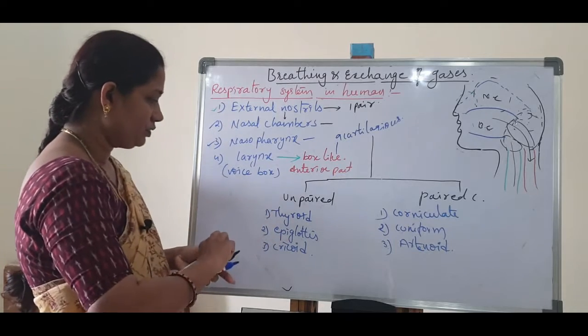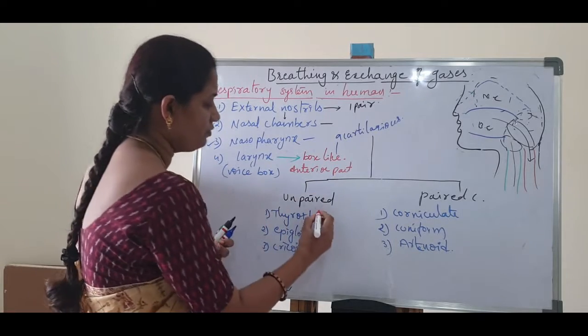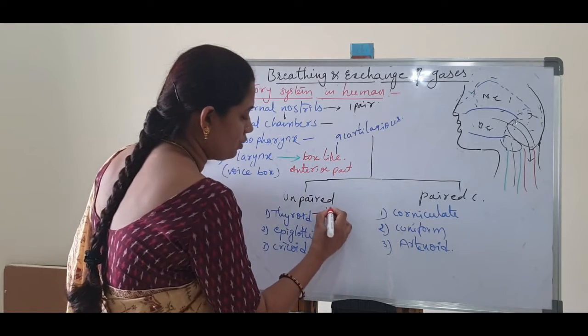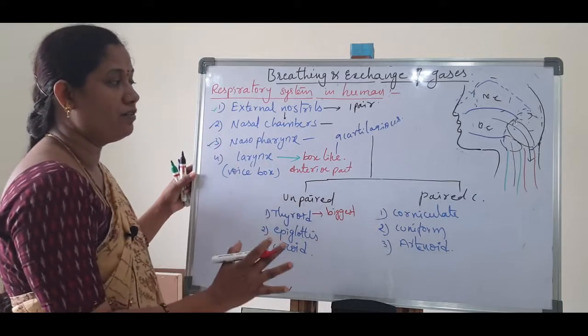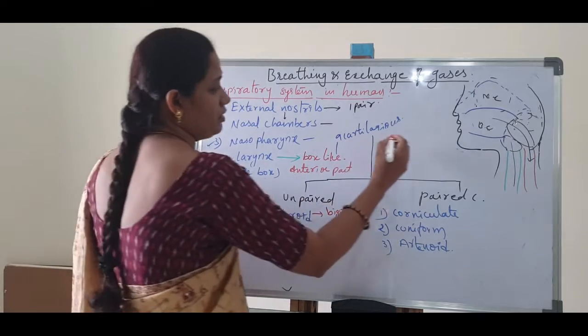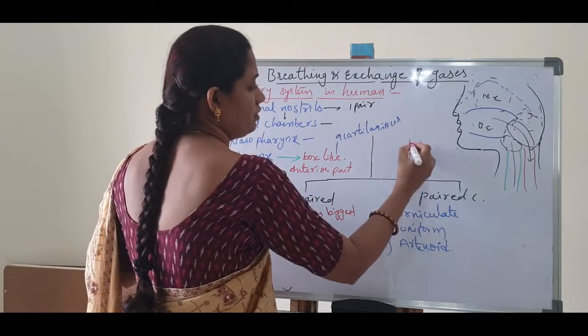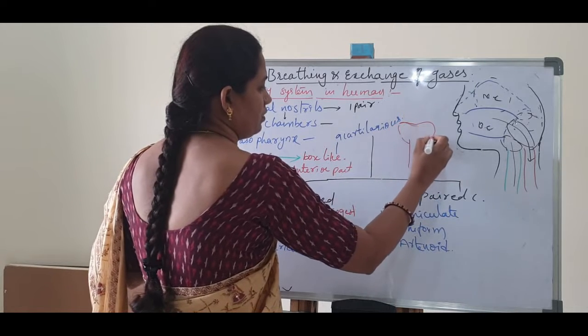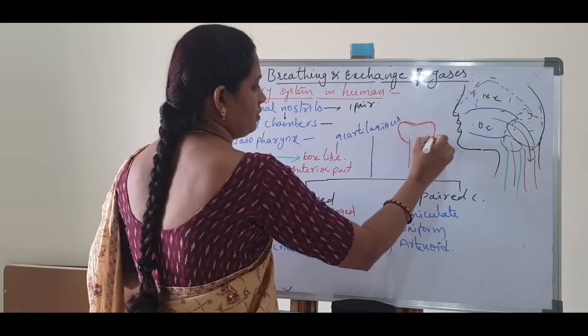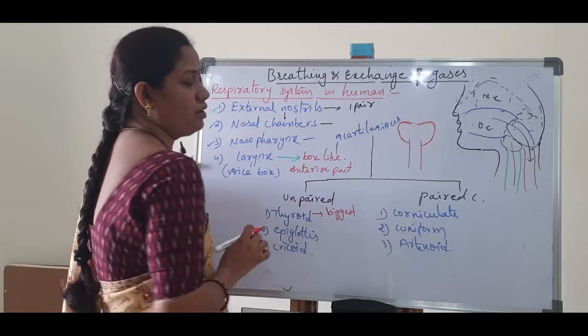Next, the thyroid cartilage is the longest, or biggest, cartilage. Most of the larynx is covered by this thyroid cartilage. For example, this is the trachea, and here this is the thyroid cartilage.